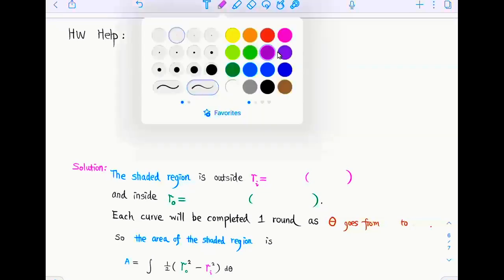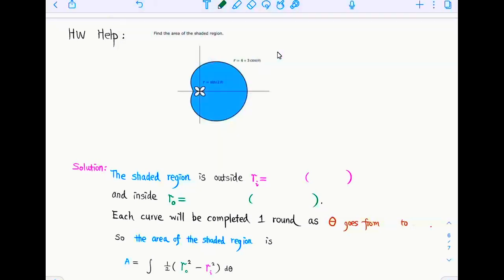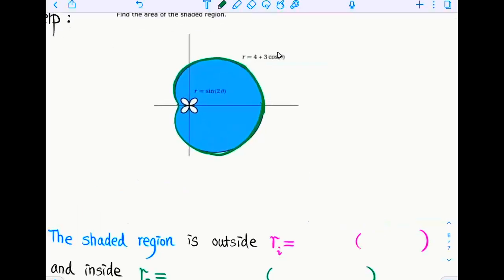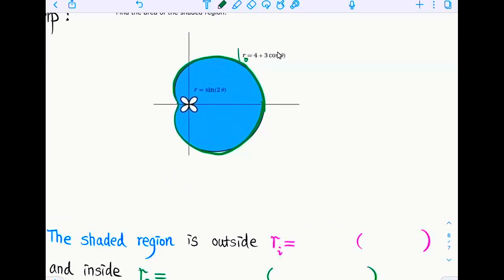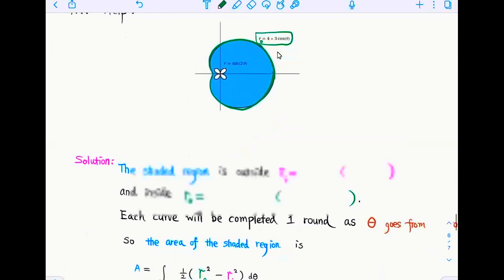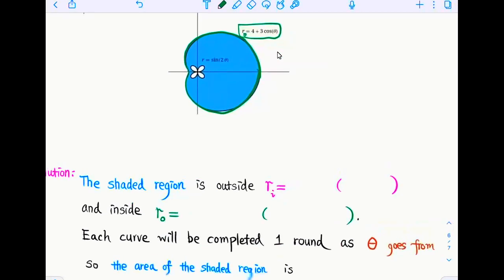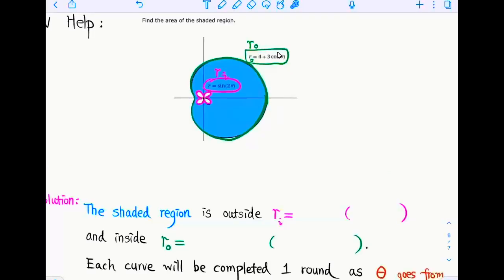Let me color code this. So the outside one, this time I use the green, okay, right there. And that's this one. And then the inside is this one, which is this one over here. That's the outside, that's inside.